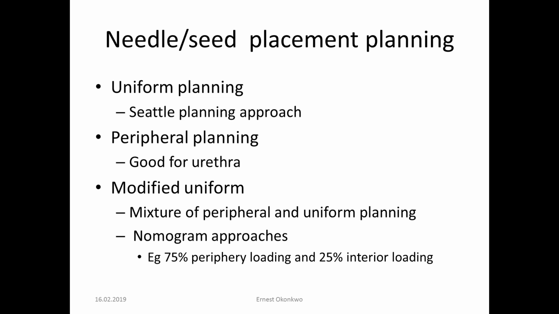Then you have the modified uniform technique, which is a mixture of uniform and peripheral planning, and the nomogram approach, which is what we use, which is loading 75% of the radioactive source in the periphery and 25% in the inferior.